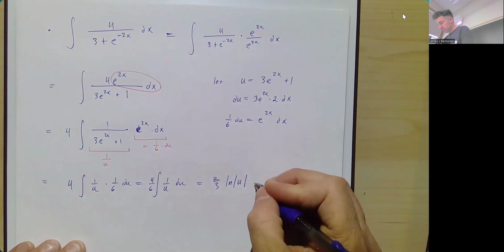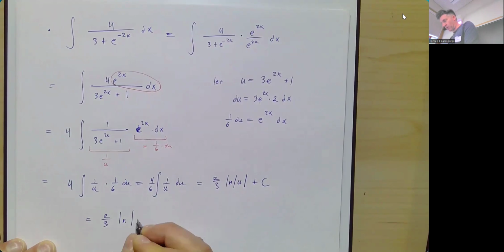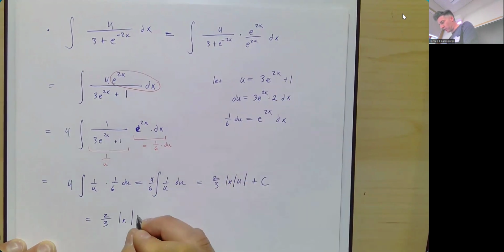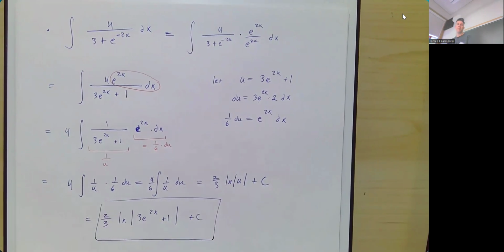Plus c. And then finally, we have to go back to the variable we started with. So we're going to rewrite this as 2/3 natural log of the absolute value of our choice for u, which was 3e to the 2x plus 1, plus c. And it's kind of a funky problem.